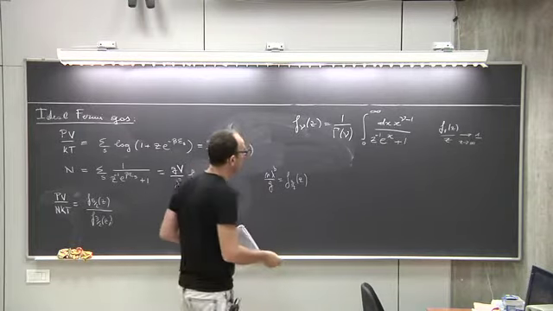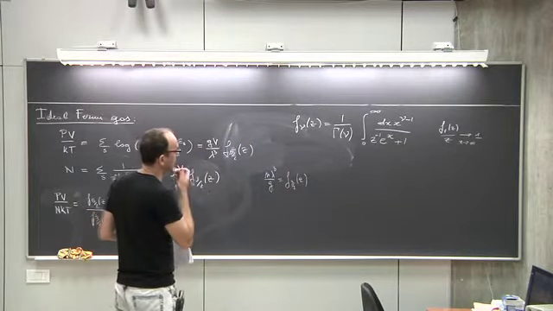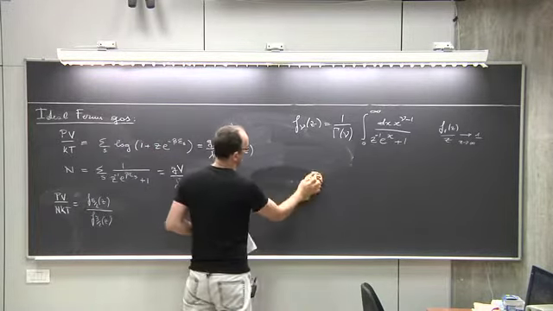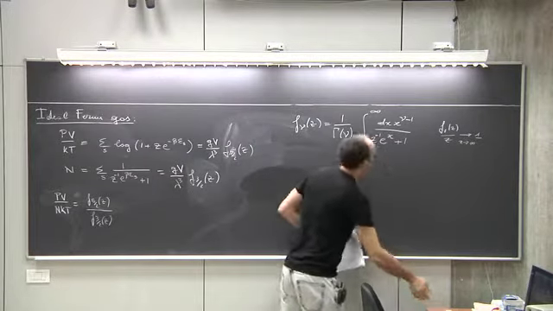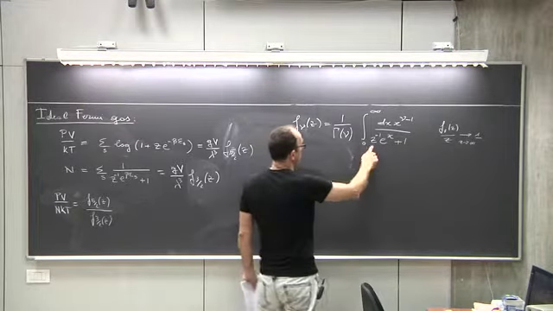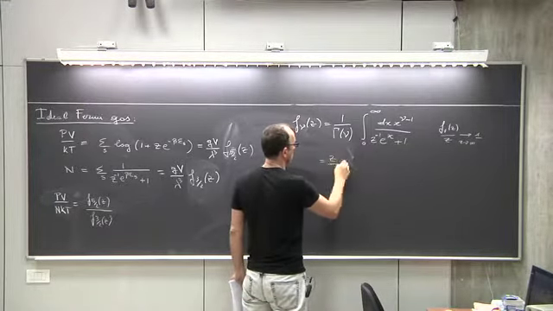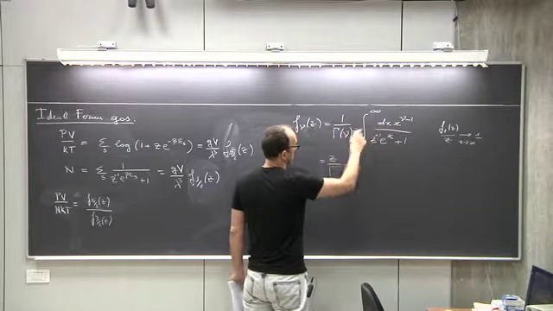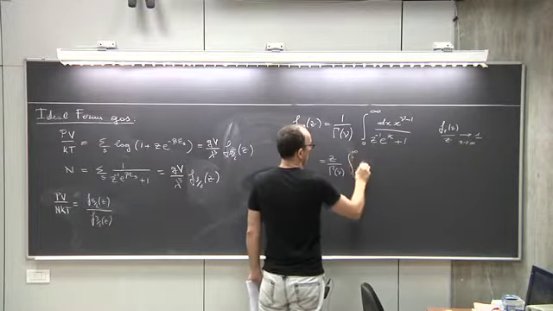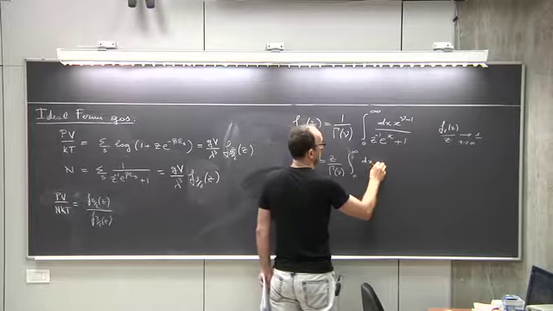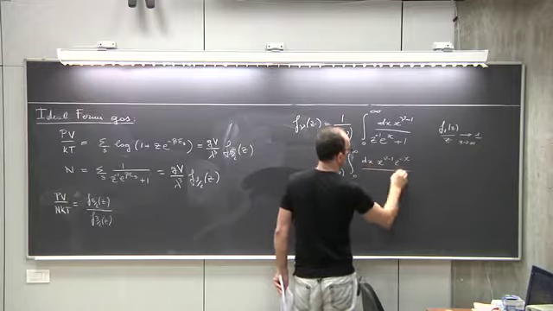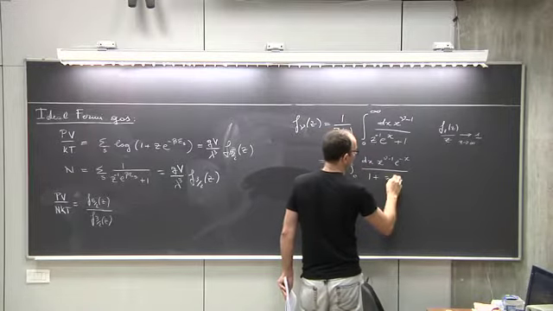So what we have to do in order to study this regime is to write an expansion for this function for small z, and the way to do this is to multiply z above and below, to write this as dx x to the nu minus 1 e to the minus x over 1 plus z e to the minus x.